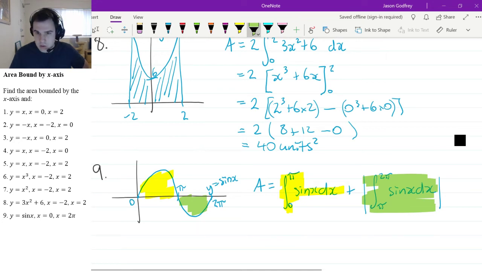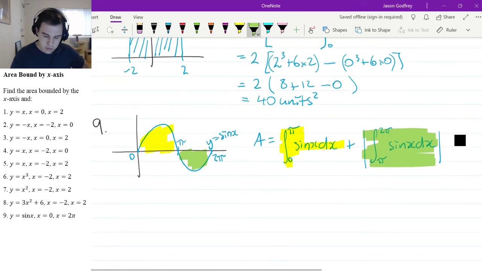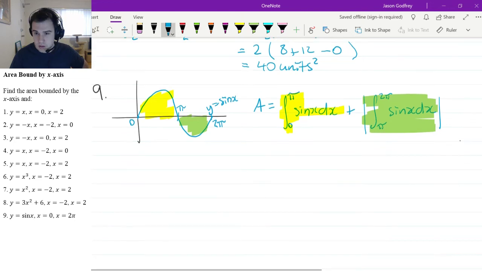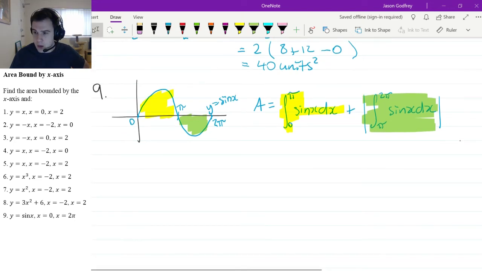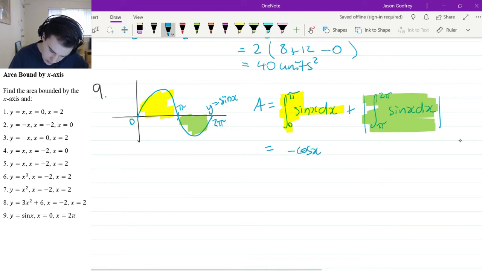You can get into a habit of always taking the absolute value, but the yellow one will be a positive number, so it'll be okay. But the green one, because it's below the x-axis, we need to take the absolute value.